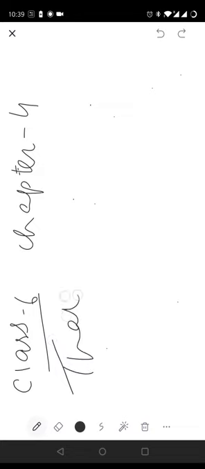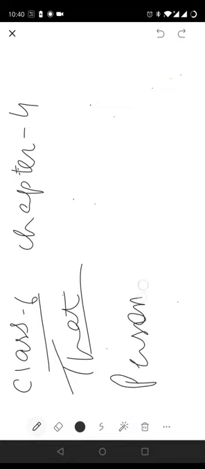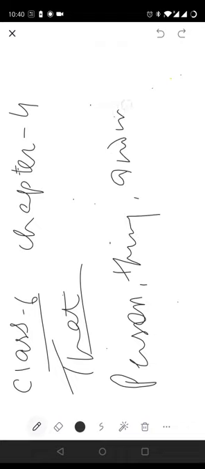Next one is that. That is used for person, thing, animal. That is also used to join two sentences, and it is used at the beginning of the second sentence.